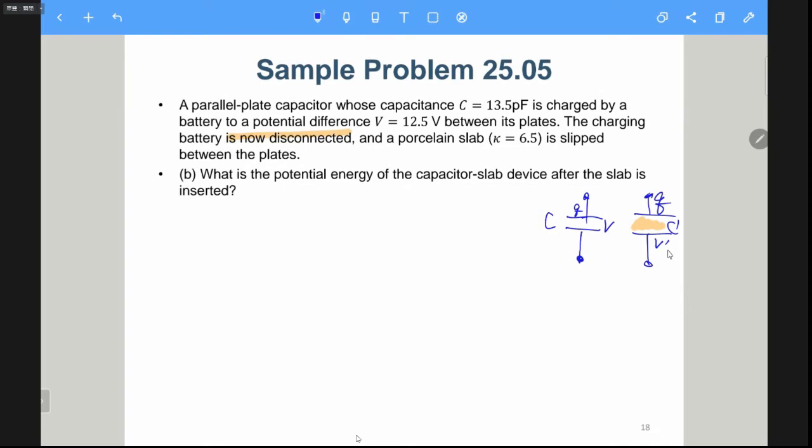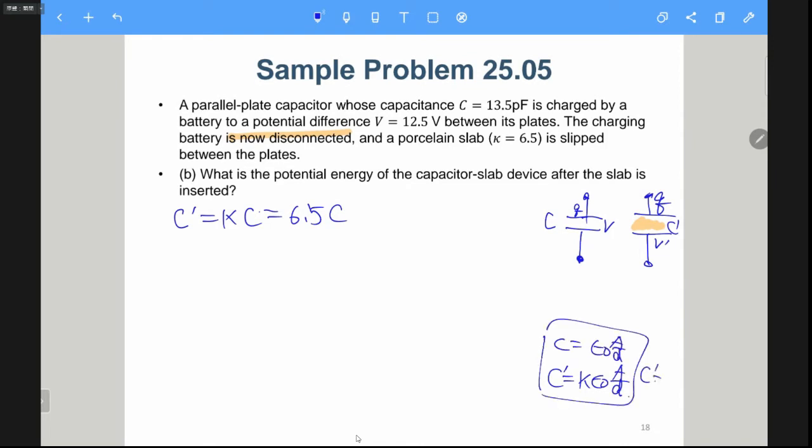In that case, C prime will be kappa C, which is 6.5 C. Because what I mentioned is C equals kappa epsilon naught A over D, while C equals epsilon naught A over D originally. So C prime equals 6.5 C. So U final will be Q squared over 2C prime because Q doesn't change.